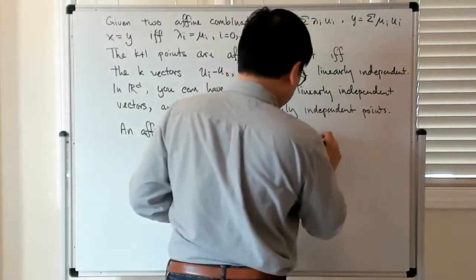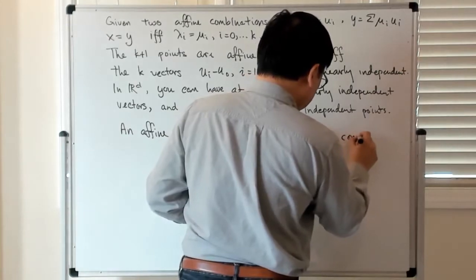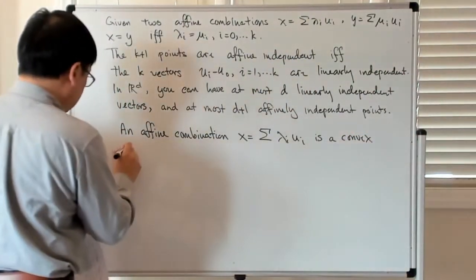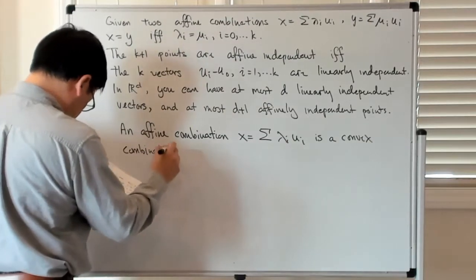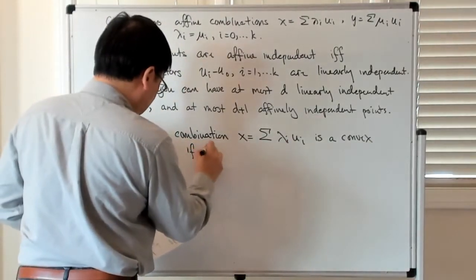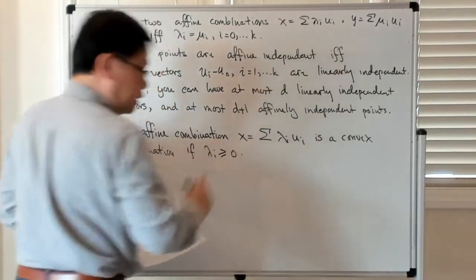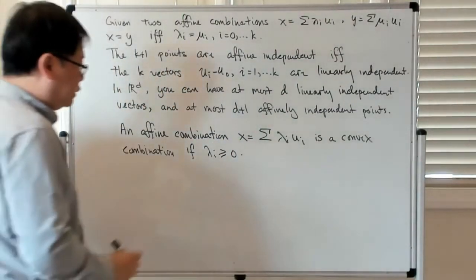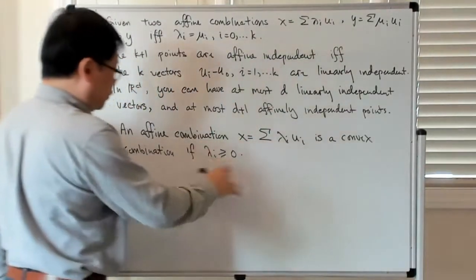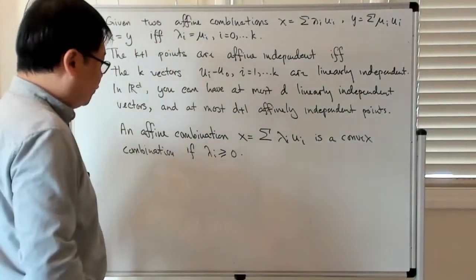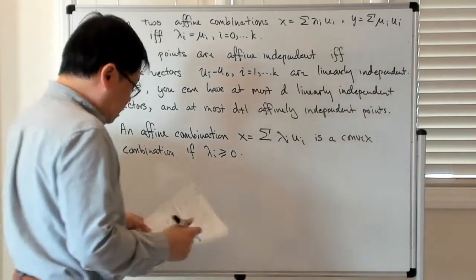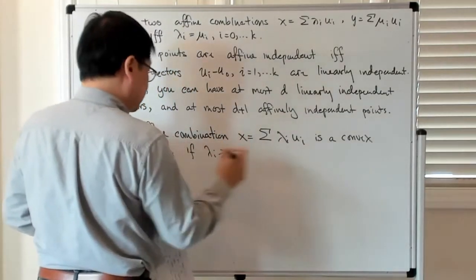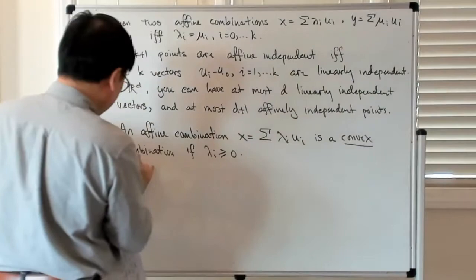It is a convex combination if the lambda i's are all non-negative. And again, of course, it also has to be the case that the sum of the lambda i's is equal to 1, because it's affine. This is what's called a convex combination.